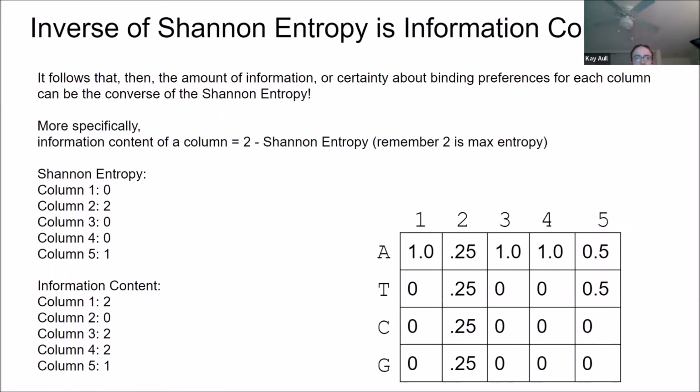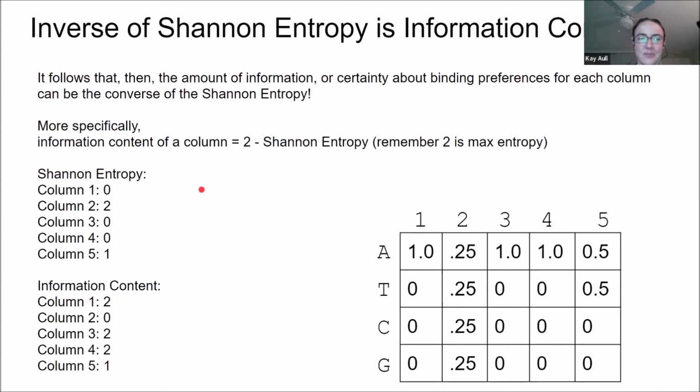And so the amount of information you have, or the certainty about the binding preferences that you have in each column, that is the converse of the entropies. And so your max entropy is 2, and then the information column is your max minus your observed entropy.